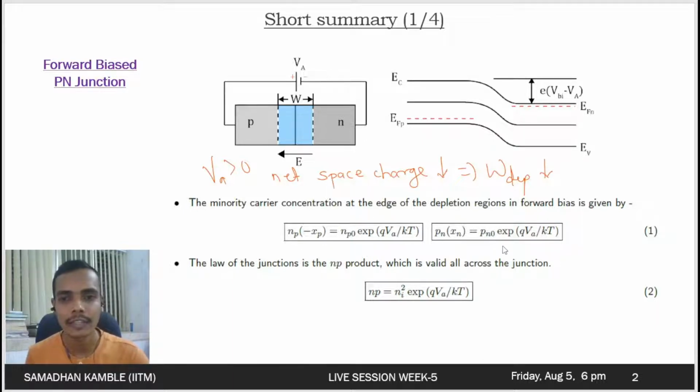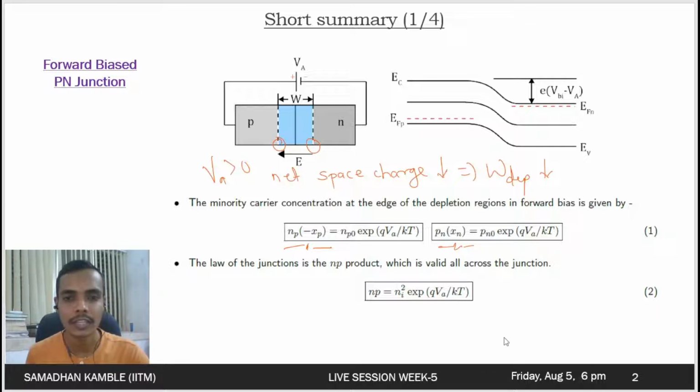The minority carrier electrons at the edge minus xp and the minority carrier holes in the N region at the edge xn are given by equation number 1.